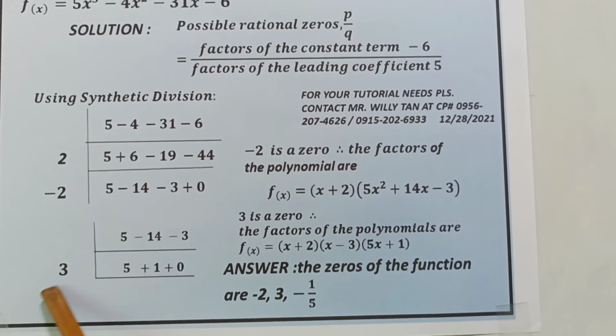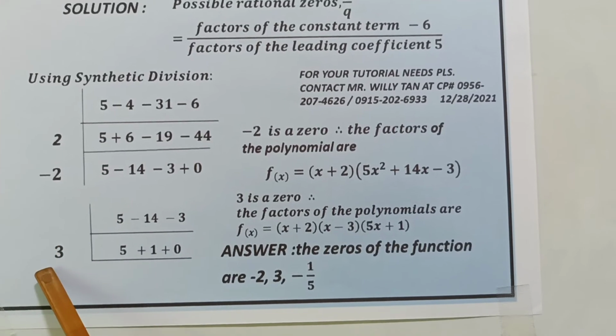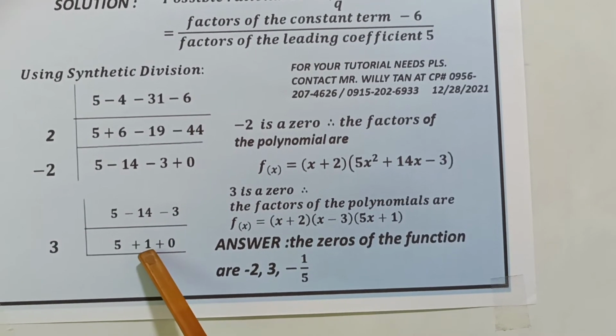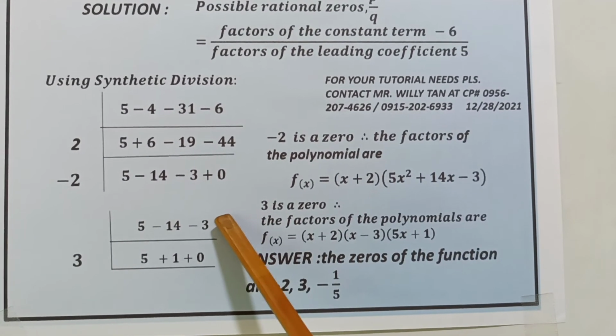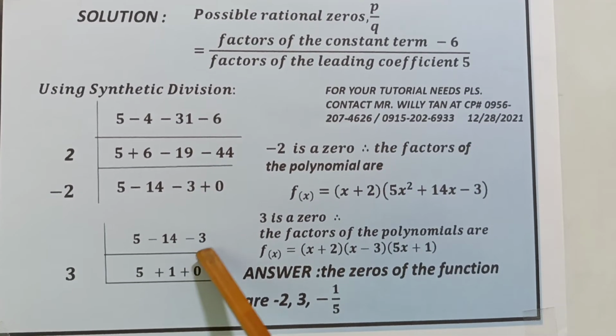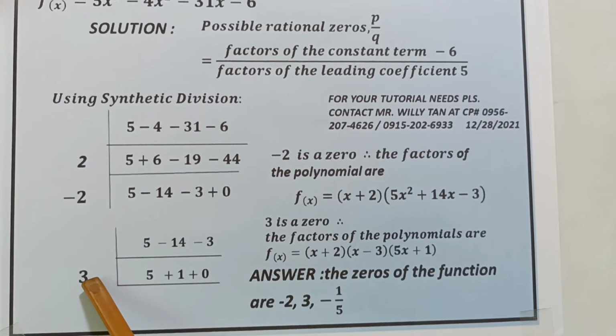So for 3, we bring down 5. 5 times 3 is 15. Negative 14 plus 15 is positive 1. 3 times 1 is 3. Negative 3 plus 3 is 0. So we have two zeros for this problem, negative 2 and positive 3.